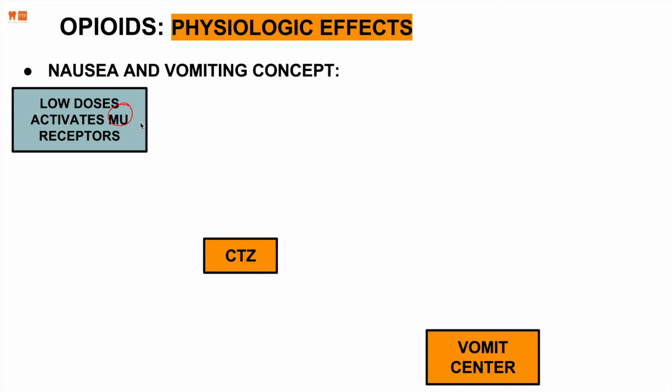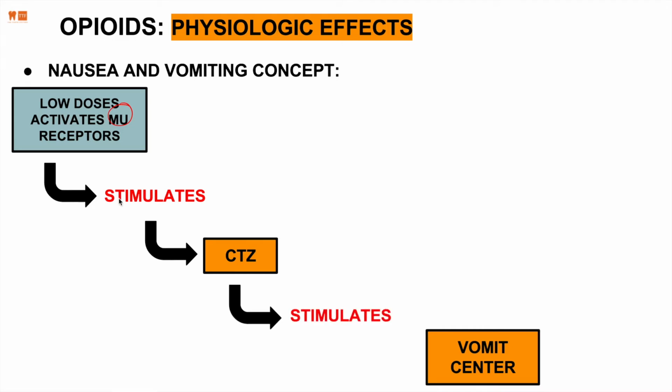The supraspinal, right? Mu are supraspinal in the brain. We activate them. That leads to stimulation of the CTZ, the chemoreceptor trigger zone. That then stimulates the vomit center and causes vomiting. So that's how we can cause vomiting by low doses of opioids. So very important here, low doses of opioids cause vomiting and nausea.